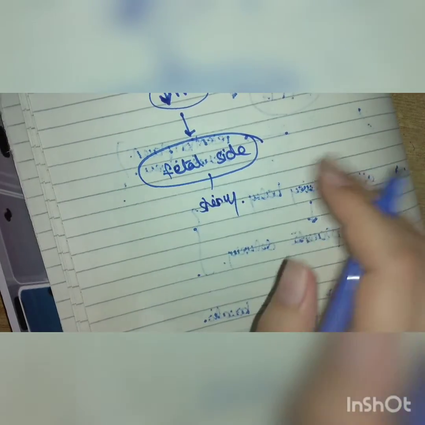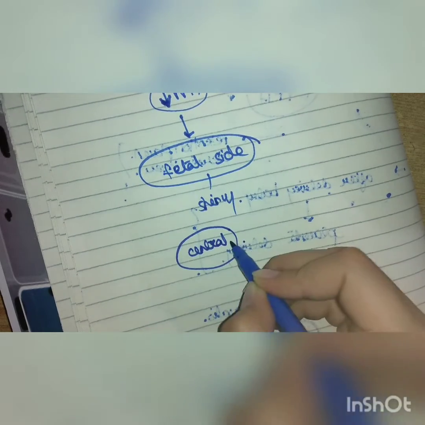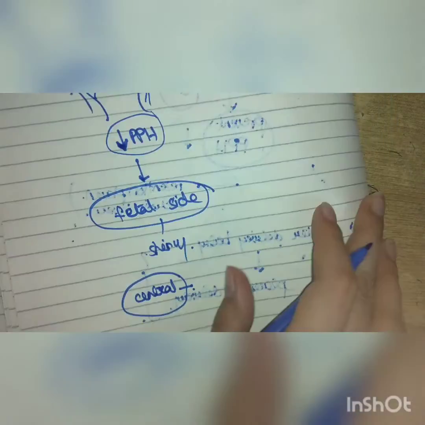In layman terms, it is the shinier side and the more glazed side. So whenever a mother delivers the baby and the placenta comes out and you see that the shiny side has come out, then you can say that the placenta has separated by the central method or the Schultz's method. And this is a good thing because in this case, the chances of postpartum hemorrhage are lesser.